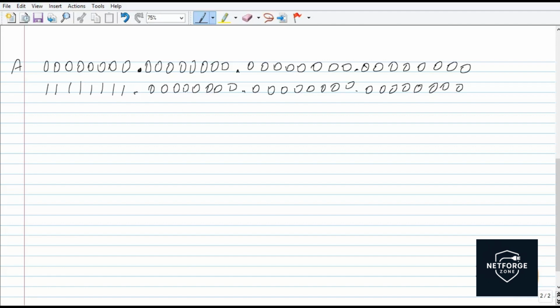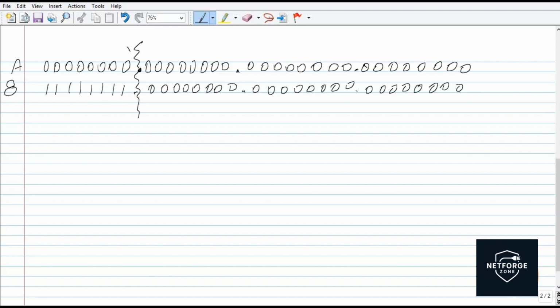Now we have 32 bits here, and you know that I should put this fine line here. That's because I have 8 bits set to 1 and the rest of the bits are set to 0. This means that I have a barrier here. This means that class A is 8 bits masked, and those bits that are 1 are masking these bits.